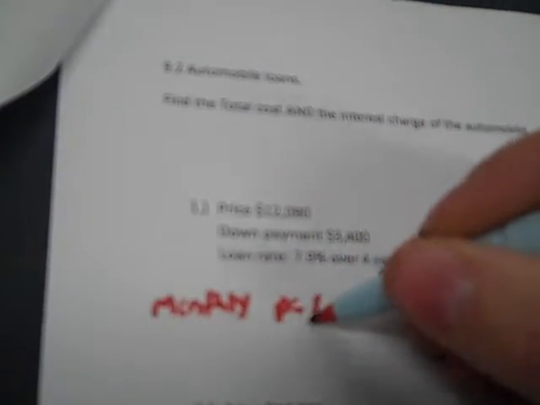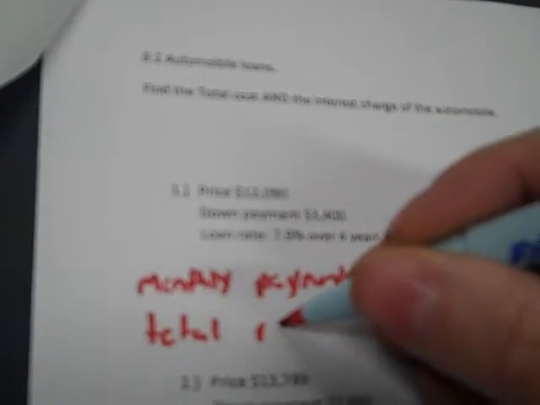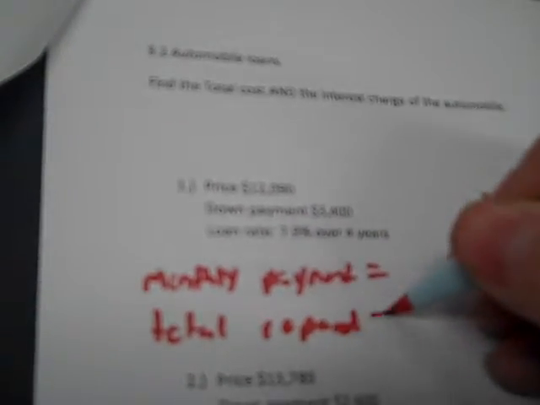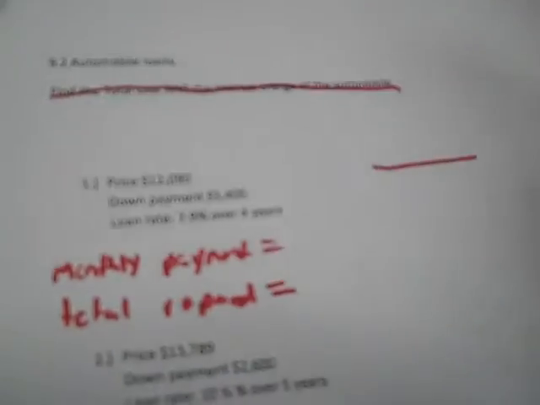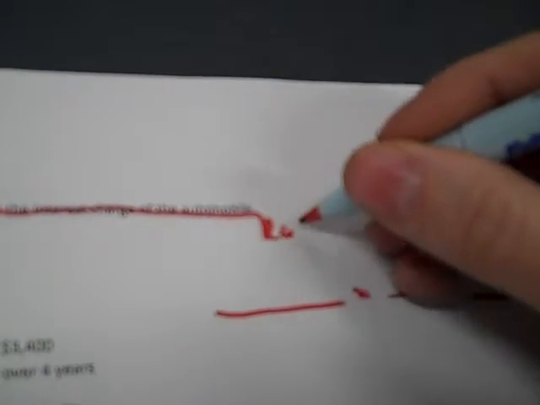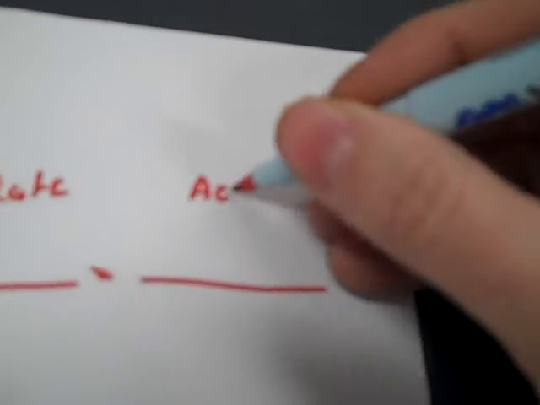Okay, so again, monthly payment, total repaid. That's what you're finding. So, cross that out. Okay. So there's the rate and the actual amount. Okay. So my rate, 7.9% over 4 years, is 2.44.